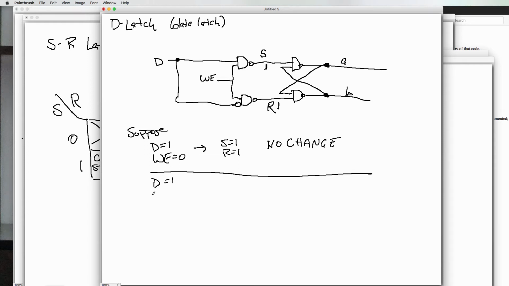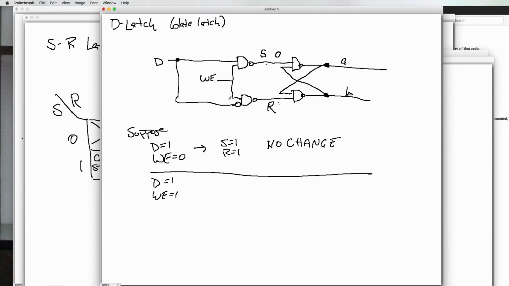Suppose D is equal to 1 and WE is equal to 1. Let me go ahead here and erase things a little bit. So first of all, if D and WE are both equal to 1, I have a 1 and a 1 going into a NAND gate, and that's going to make S 0.